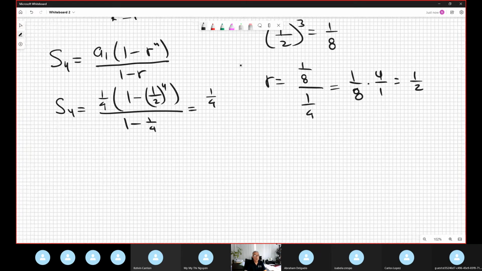This is 1 over 16. So it's 1 minus 1 over 16, divided by 1 minus 1/2, which is obviously 1/2. By the way, wait, I made a mistake. This is 1/2, not 1/4. It's 1/2. Nice. I like that.